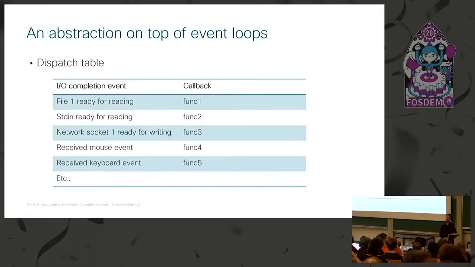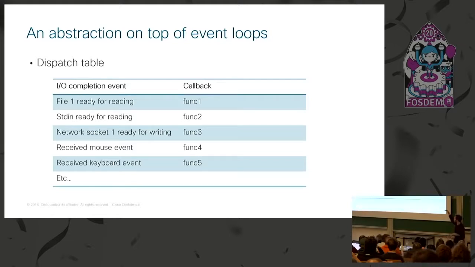Now, important to know is that all of this runs actually on top of an event loop. So the coroutines are an abstraction on top of an event loop. An event loop is a very simple mapping where you map I/O completion events to callbacks.